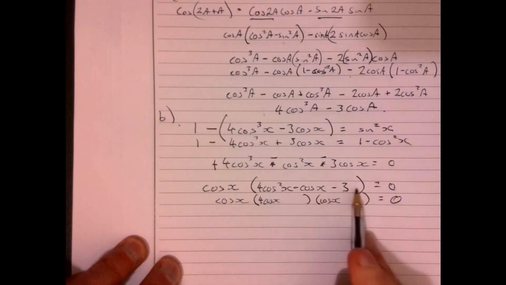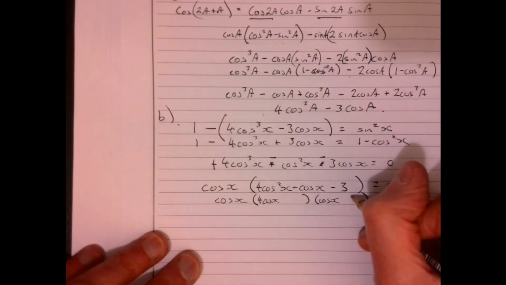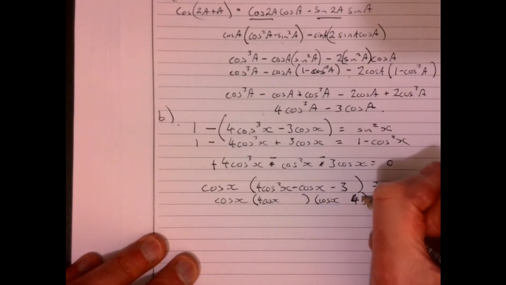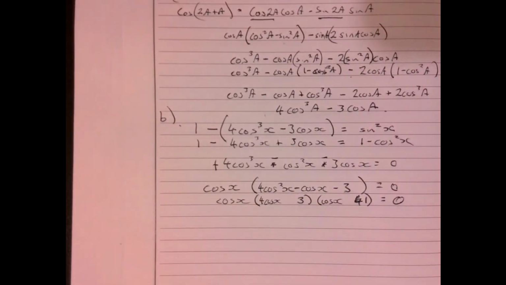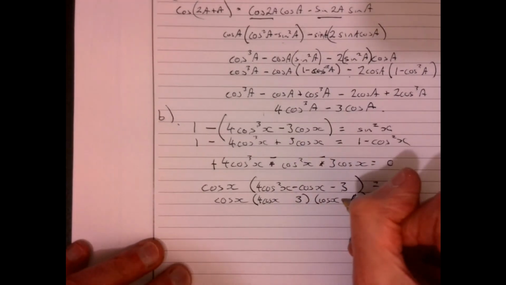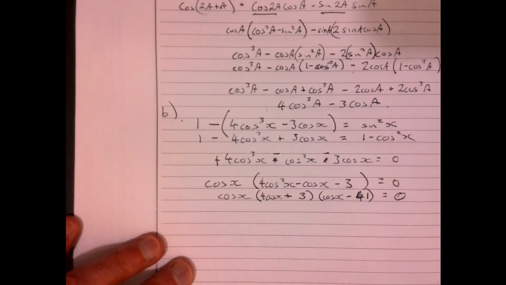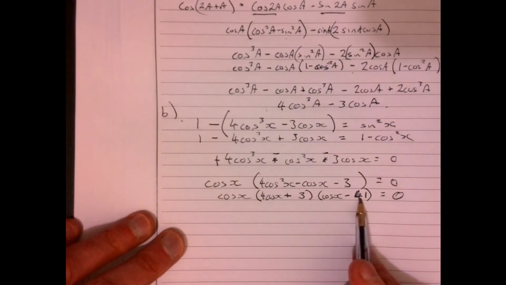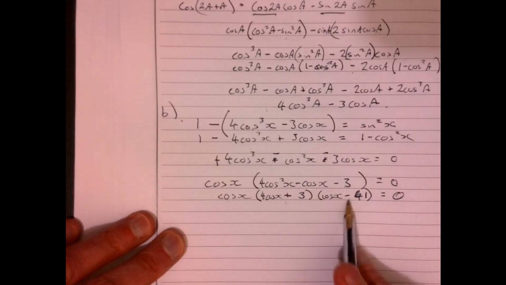I need to multiply to get 3 and 1, so the 1's going to be there and the 3 has to be there, one a minus and one a plus. So this is 3 things multiplied together. When is each of them going to be equal to 0?